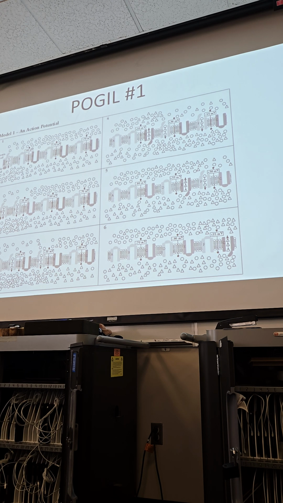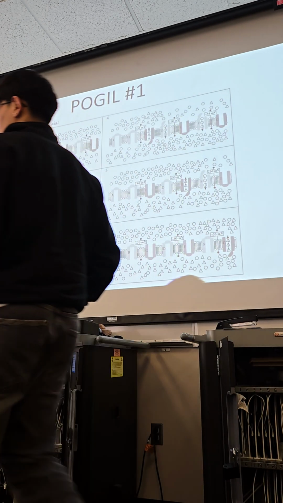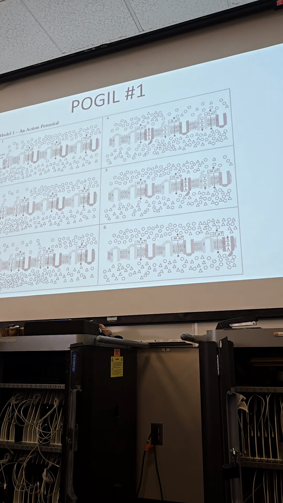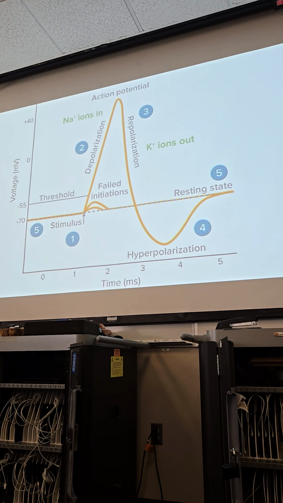Active transport. Wait, no, not trying to put things back. Trying to put sodium back on the outside and potassium on the inside. Potassium is closed at negative 6. Okay, so they take it back.